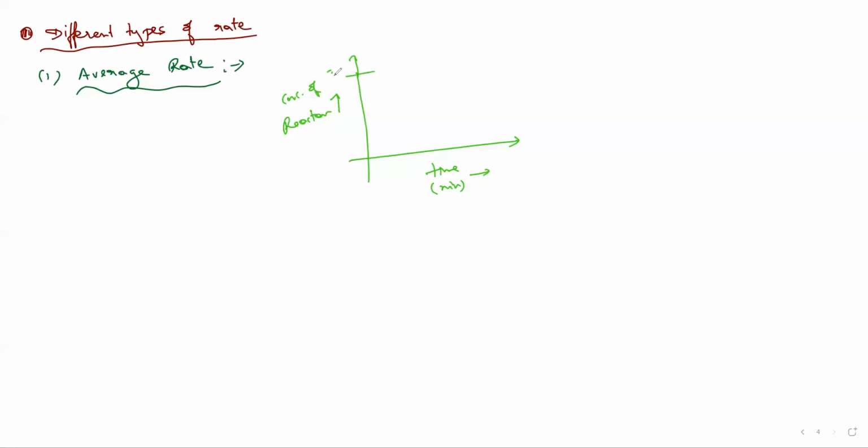Suppose this one is a 50 molar concentration, this one is a 10 molar concentration, at 10 minute, and this is at 20 minute. So at 10 minute, what should be the concentration? 50. At 20 minute, what should be the concentration? This one. Now, how can you find average rate?